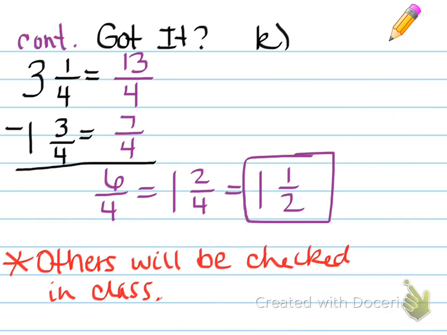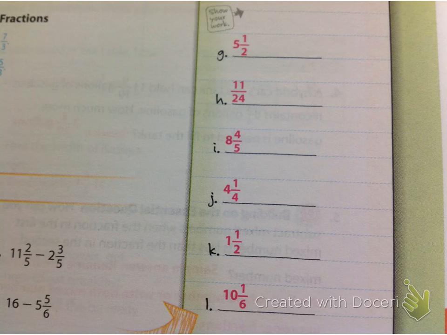Very easy. The only step I have left is to change 6/4, simplify it. So 4 would go into 6 one whole time with 2 left over, but 1 2/4 can obviously be simplified down to 1 1/2.